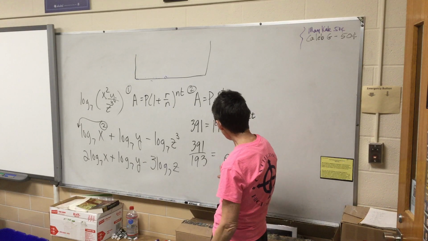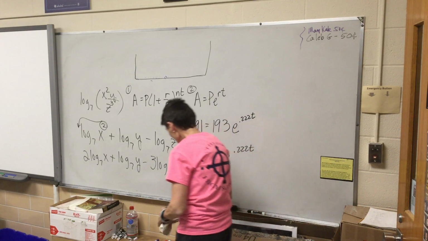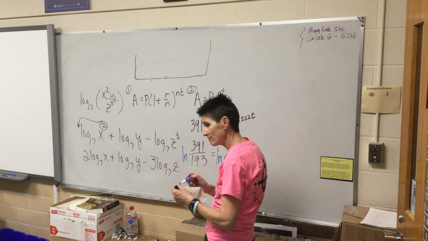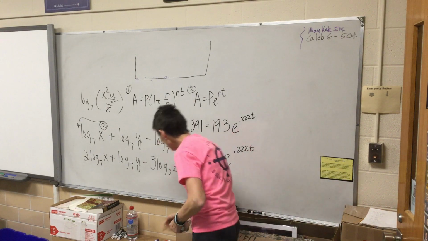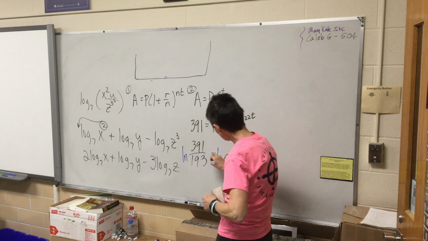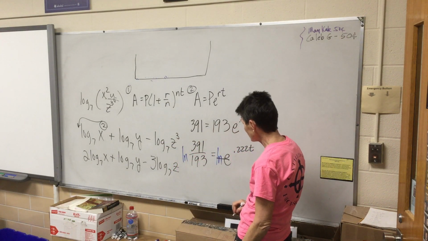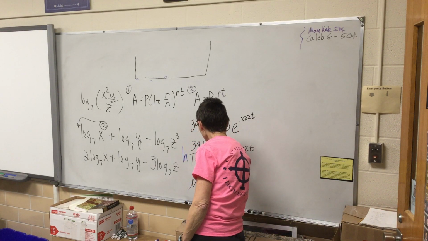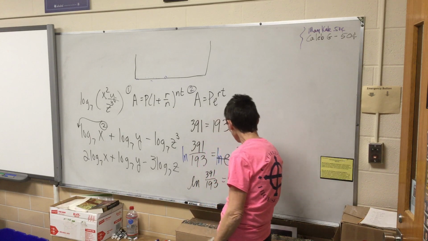Okay, now I got the e by itself. So this would be the perfect time to ln both sides, right? Because when I stick an ln next to an e, it cancels. So I have ln 391 over 193 equal to 0.222t.